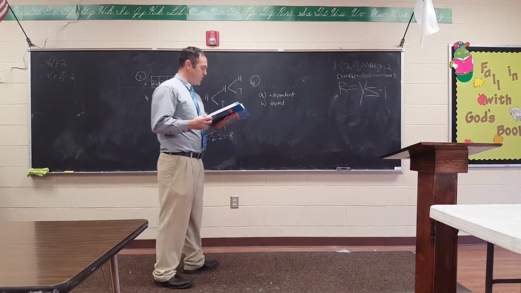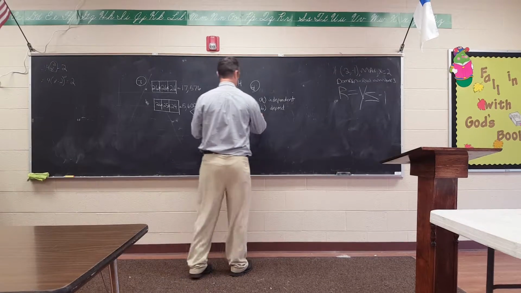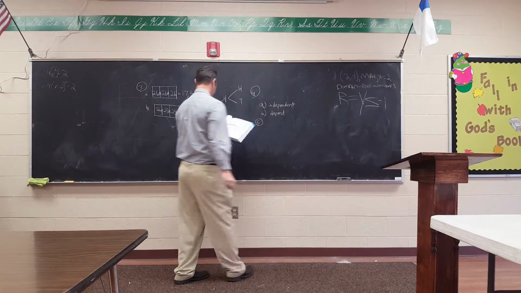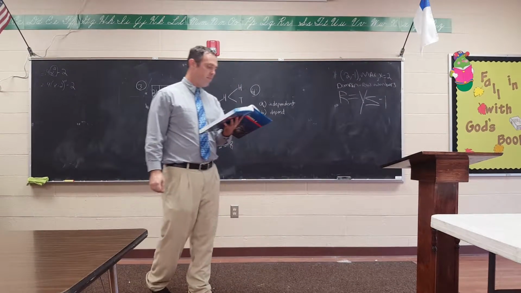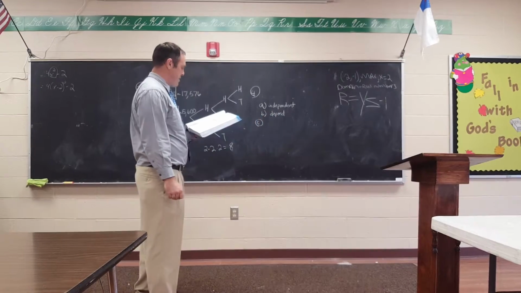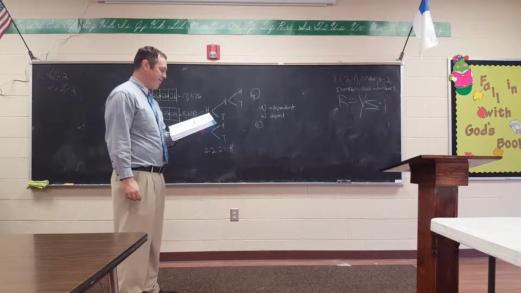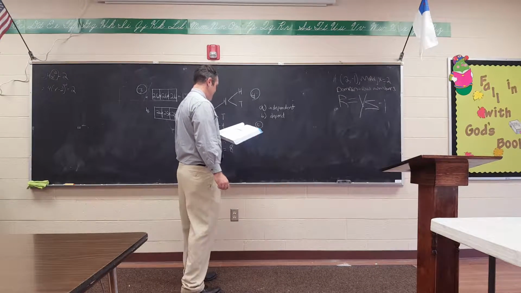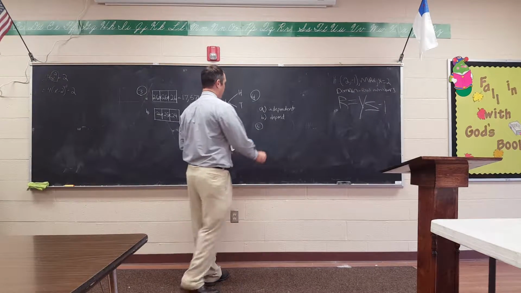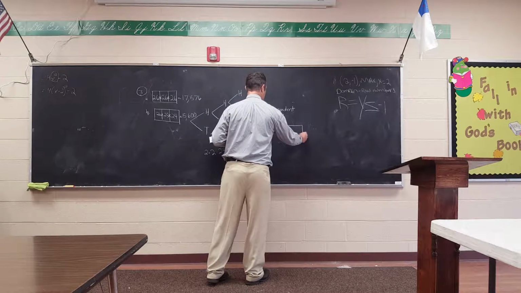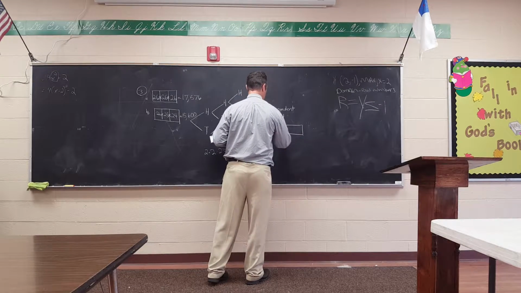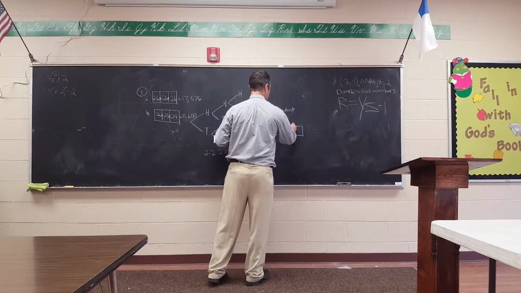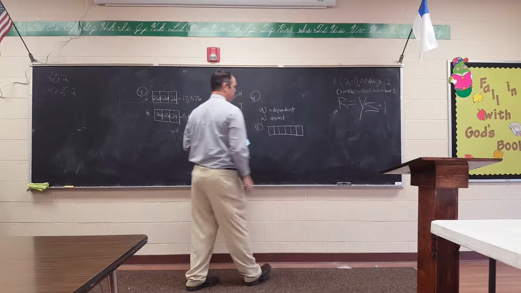All right, example number 5. And now we're going to apply this to solve. There are 6 positions in volleyball: left front, center front, right front, left back, center back, and right back. How many ways can 6 players be placed in the 6 positions? All right, so we are selecting our players' positions, and we'll put 6 boxes because we're choosing 6 positions.